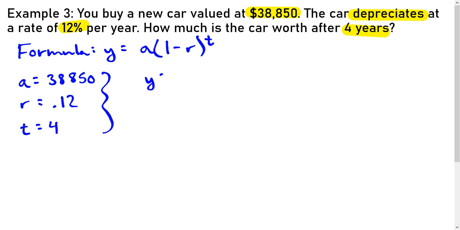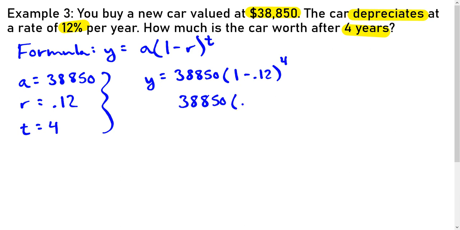So y equals 38,850 times (1 minus 0.12) raised to the 4. Well, if we do the operation that's inside the parentheses first, we're going to get 38,850 times 0.88 raised to the 4, okay?